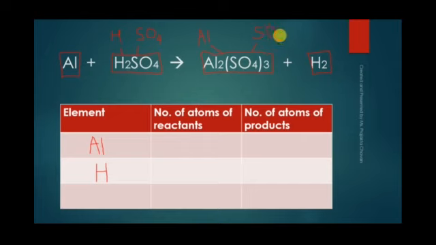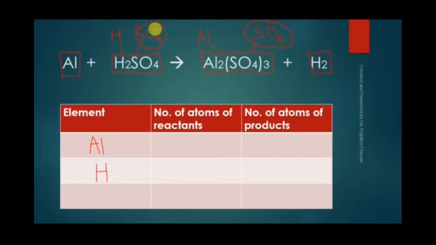Good. So now in this reaction, what is actually happening is that the SO4 ion from sulfuric acid is getting displaced to the product, to aluminium, and it is forming Al2(SO4)3, that is aluminium sulfate.